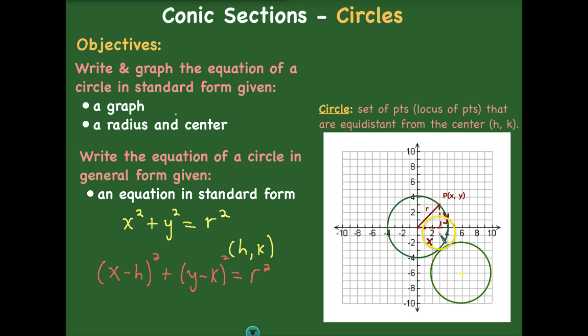So in this case, say we translated 6 to the right and 6 down. So we have a center at (6, negative 6). We would have (x minus 6) squared plus (y minus a negative 6), which is really y plus 6. So again, the concept of the opposite sign would still apply here with circles.